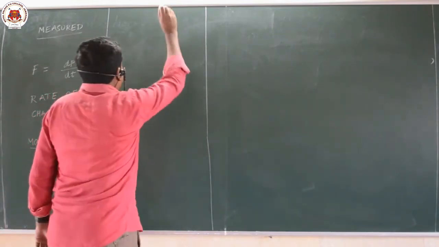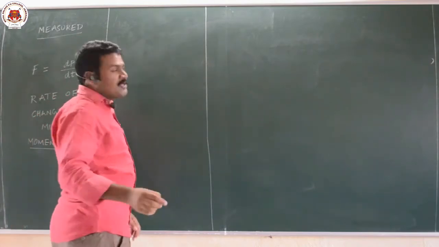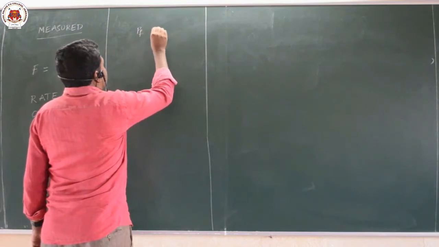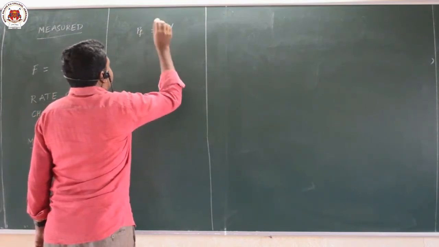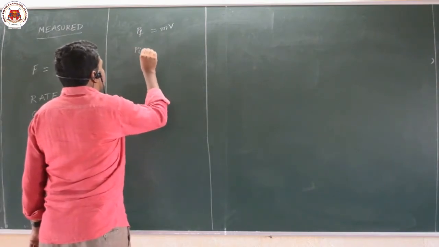So the momentum formula is m into v, or mass into velocity. So final momentum we can write as mass into final velocity, whereas initial momentum we can write as mass into initial velocity.